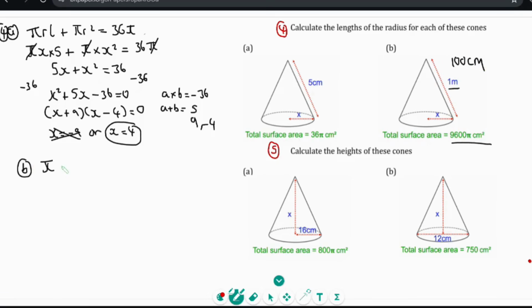So pi times radius times slant height, add pi times r squared is equal to 9,600 pi. Divide through by pi. So we have 100x plus x squared. I'm going to just write it in this order. 9,600. That's minus 9,600 off both sides.